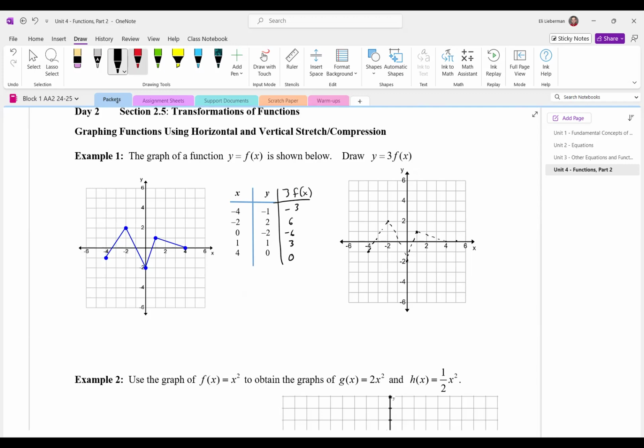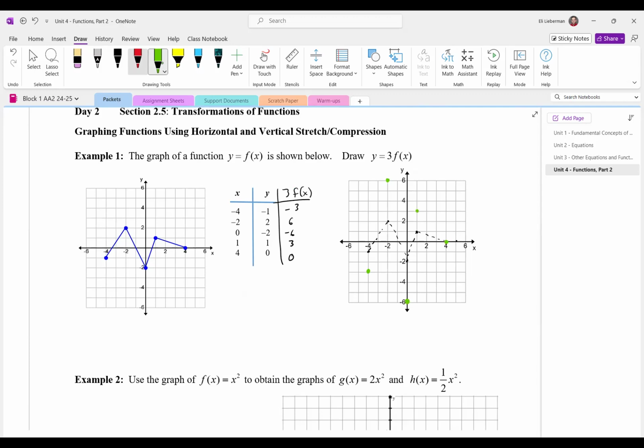Okay, so let's graph those. So -4 comma -3. I can do green. I think that's what I did last time. -2 comma 6. 0 comma -6. 1, 3.